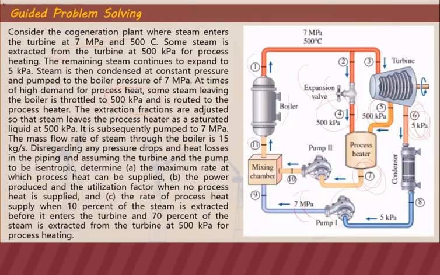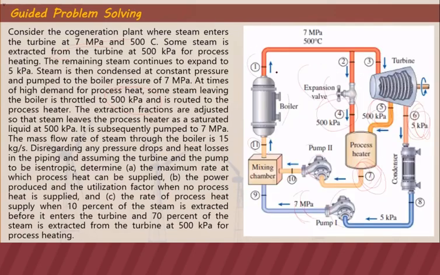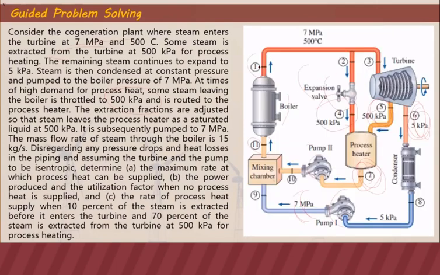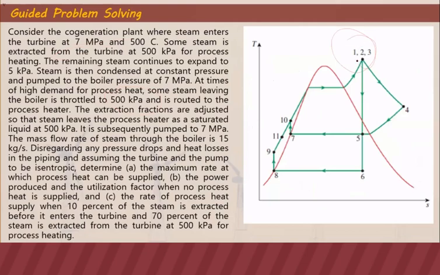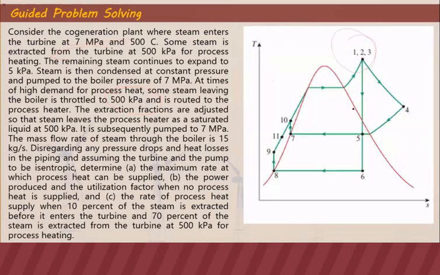This is the equivalent TS diagram. Points 1, 2, and 3 are the same state because they are all from the exit of the boiler: 7 megapascal and 500 degrees Celsius. Process 2 to 4 is expansion to point 4 at constant enthalpy.